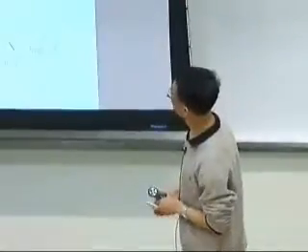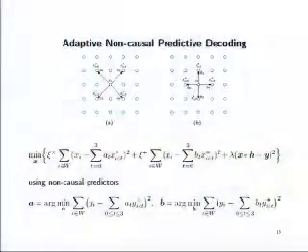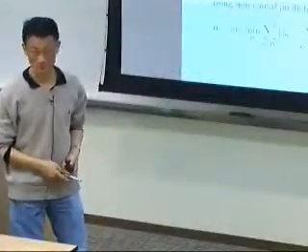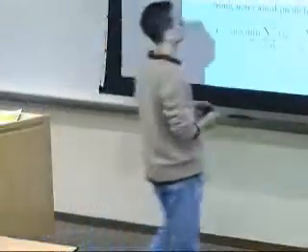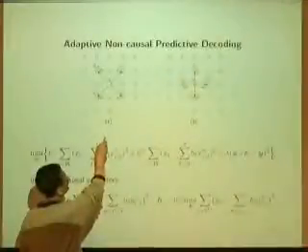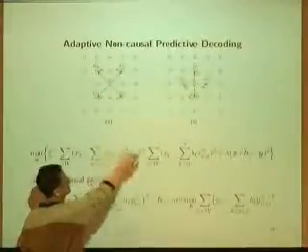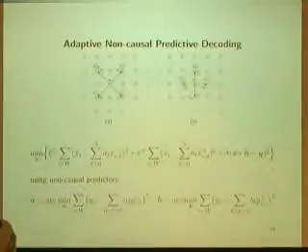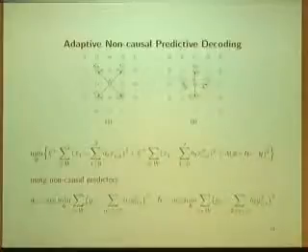Okay. Another interesting interpretation of this scheme is you can consider this as adaptive non-causal predictive decoding, right? Because in that objective function, we try to predict each unknown pixel using its labels. This is a non-causal neighborhood, right? And the predictor is trained point by point, so it's adaptive, right?